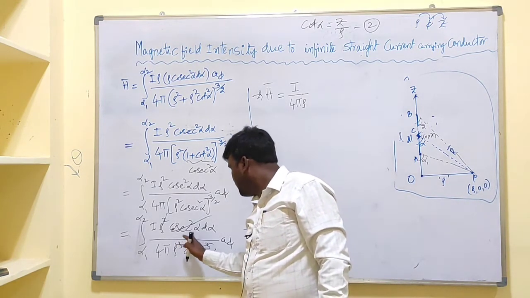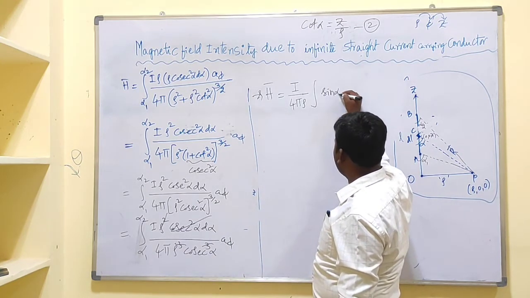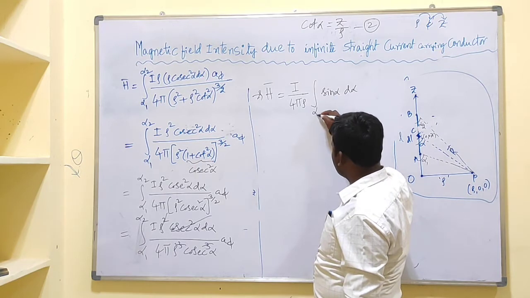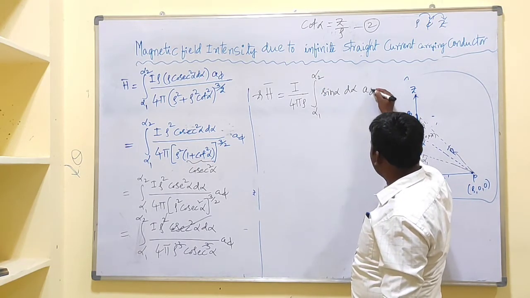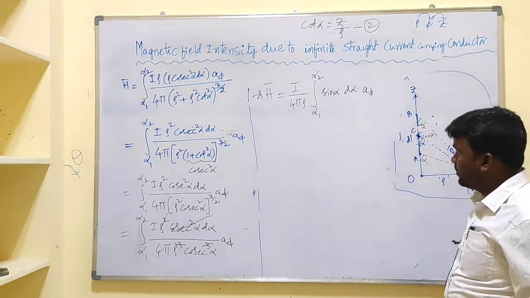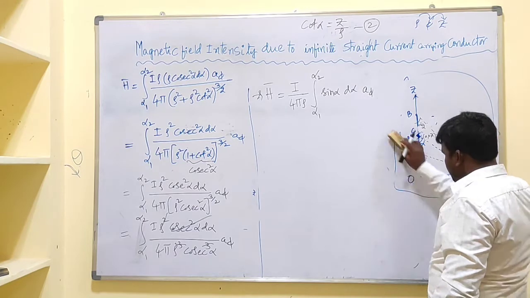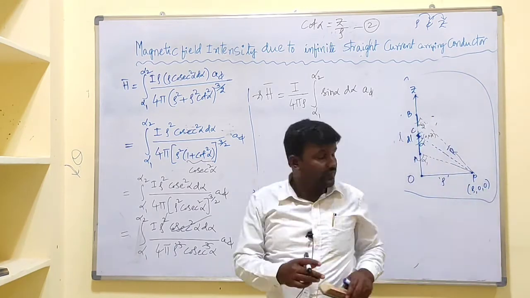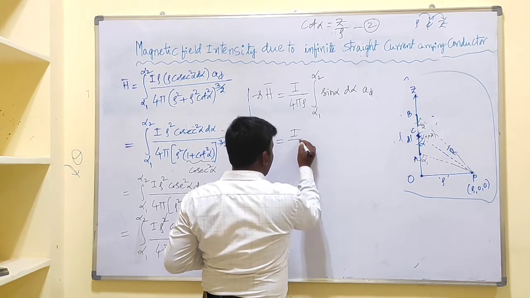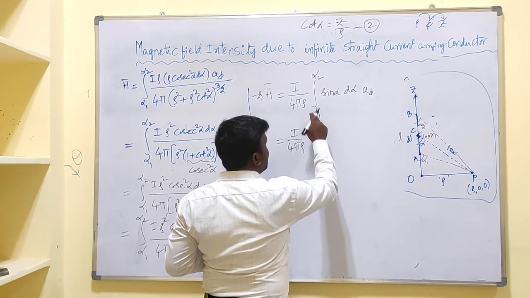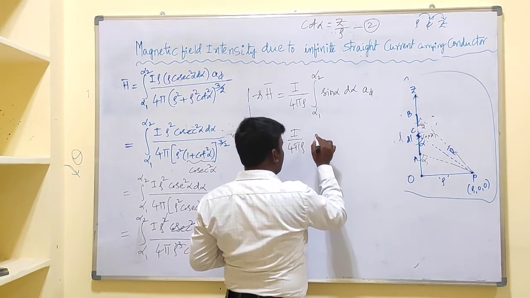And here we have 1 by cosecant alpha, which can be written as sin alpha d alpha, integration from alpha 1 to alpha 2, and the direction is a phi. Now let us simplify this integration: I by 4 pi rho, and the integral of sin alpha is minus cos alpha.